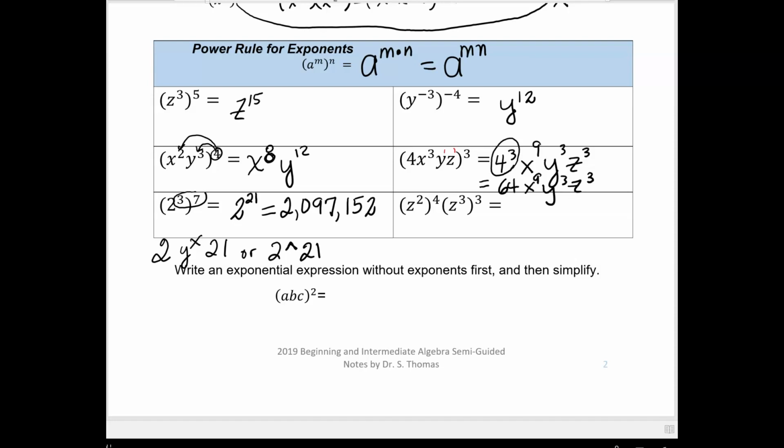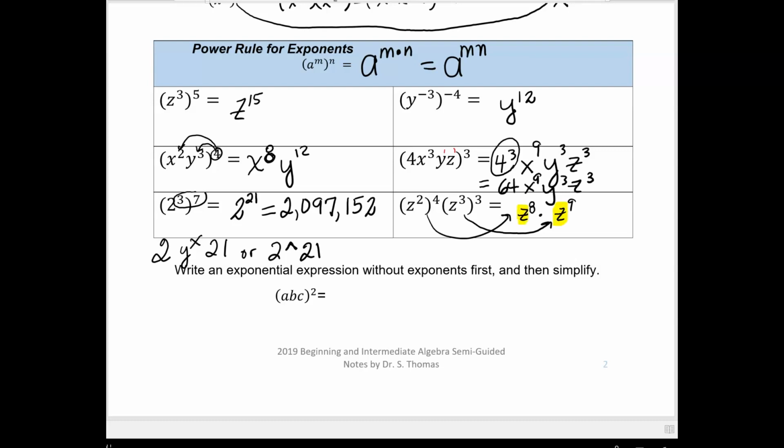We have z to the 2nd power and that to the 4th power, which is z to the 8th, right? Times we have z cubed to the 3rd power, which is z to the 9th, correct? And now we don't stop here. Can you tell me why we must keep going?